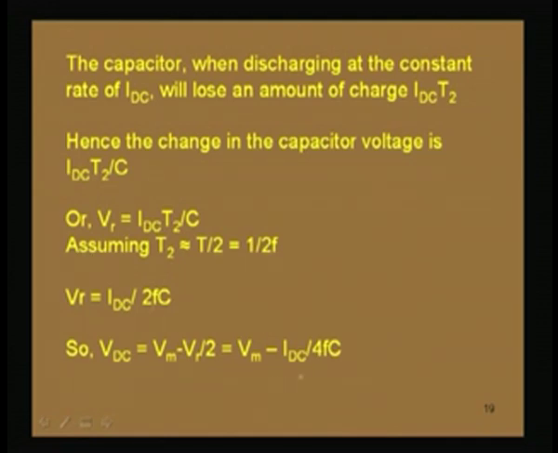So, this relation gives you the expression for output DC voltage in terms of the IDC value, peak value of the input voltage, frequency of the input voltage and capacitance.